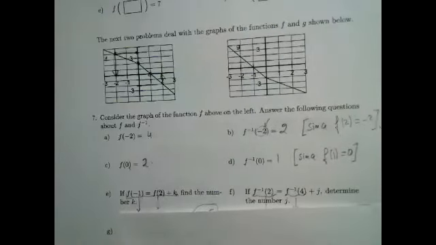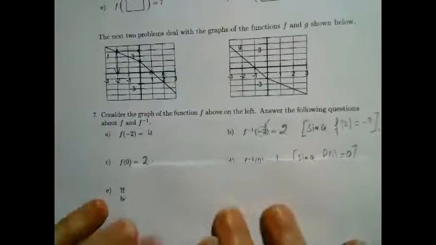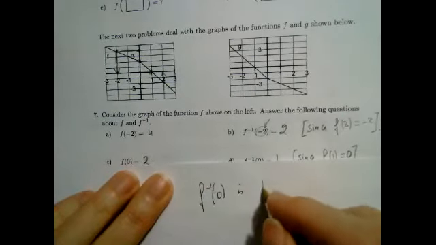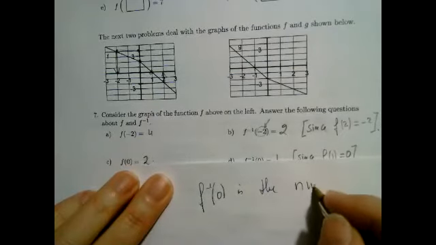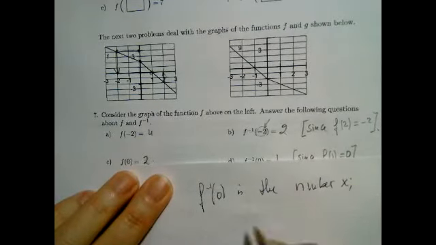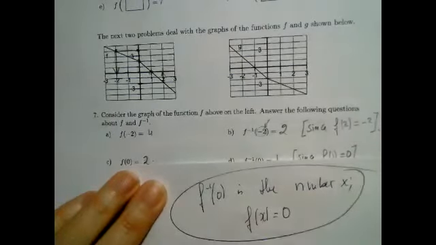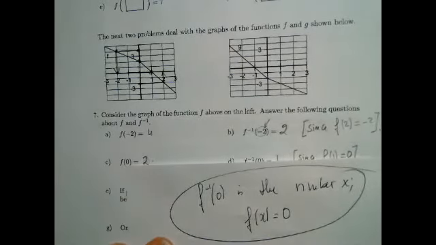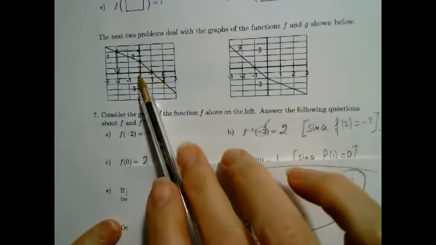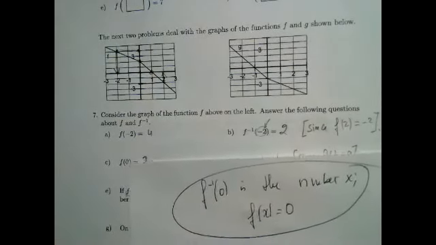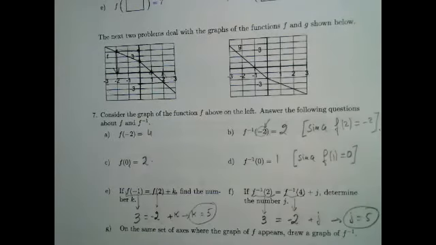Find F inverse of 0 is the number X such that F of X is equal to 0. That's what F inverse of 0 is. So what is the number X such that F of X equals 0? It's equal to 1. Okay, just write it down. Once you write it, you know exactly what we're doing. All right? Okay, now any questions, please?